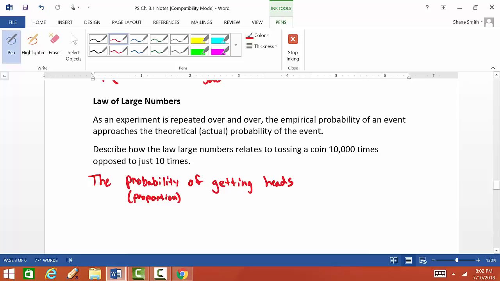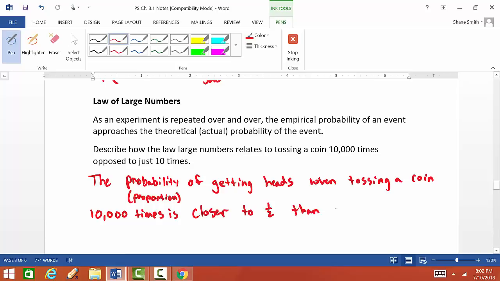So the probability or proportion of getting heads when tossing a coin 10,000 times is closer to 1/2 than when tossing only 10 times.